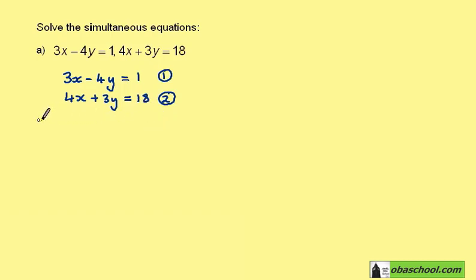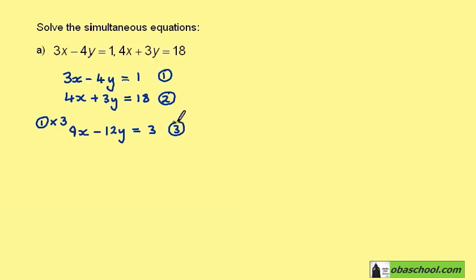What we're going to do, and I'll explain this further later, is multiply equation 1 by 3. This gives 9x take away 12y is equal to 3.